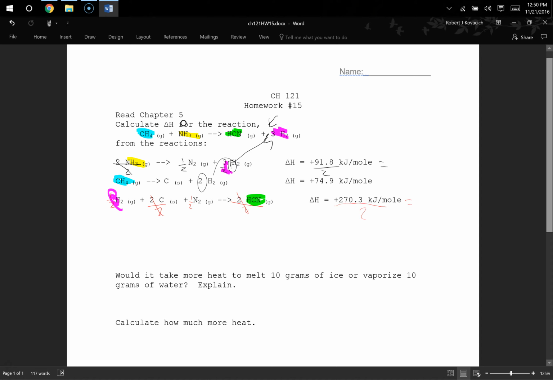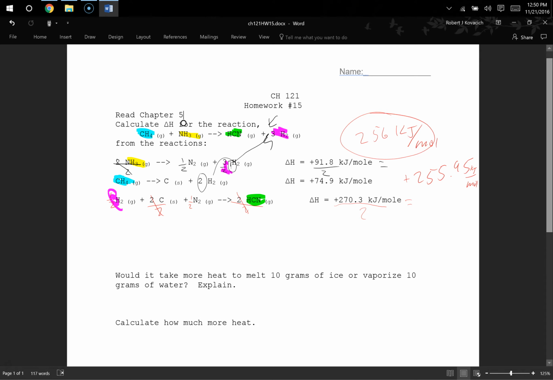Looks like 91.8 divided by 2 plus 74.9 plus 270.3 divided by 2, and I get a positive 255.95 kilojoules per mole. So that gives us a total, looks like 3 sig figs is all we have. So this would be 256 kilojoules per mole.